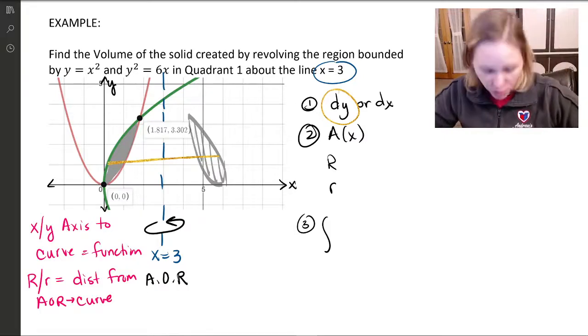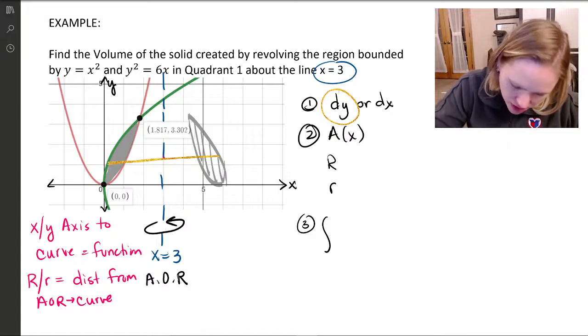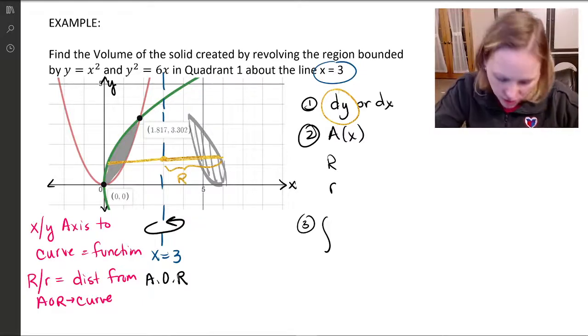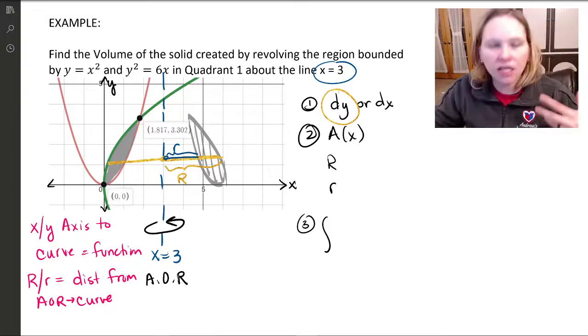So let's draw a couple things in here. First of all, let's draw big R. Big R is going to be this entire golden distance here. This is big R. It goes to the outer curve. Let's sketch little r in. Little r is going to be this distance right here. This is little r. It goes to the inner curve.